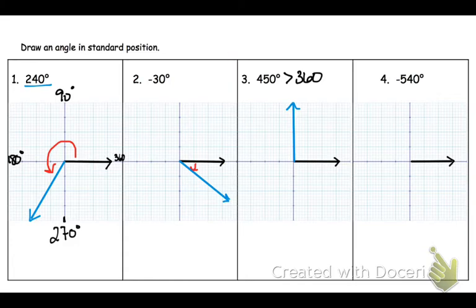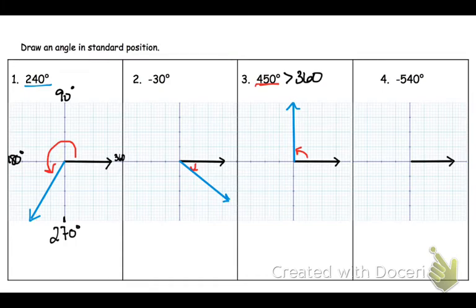I need to indicate with the red arrow where I've gone, because if I were to draw the arrow as such, that indicates a 90-degree turn or a 90-degree angle. This angle is not 90 degrees.